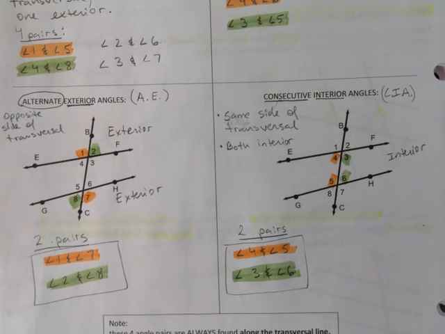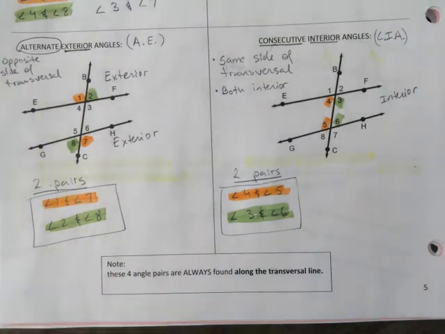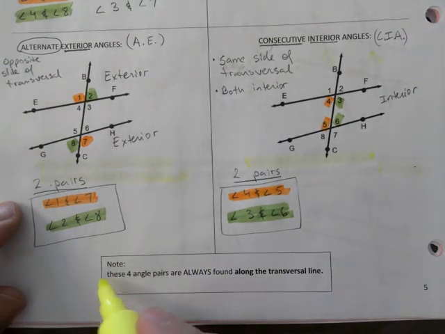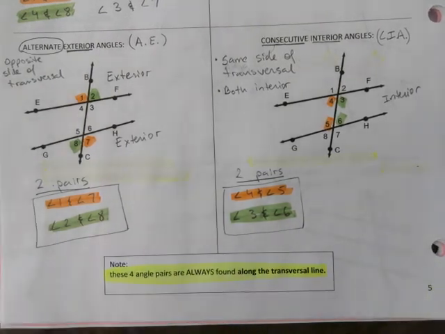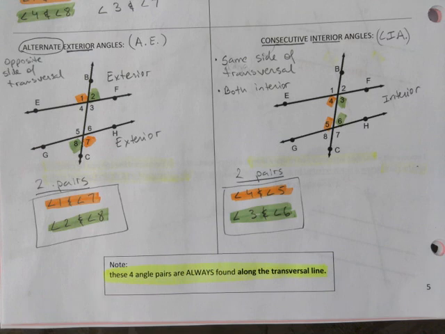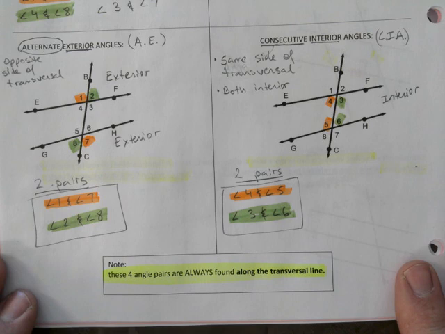And look at what it says at the bottom of this. These 4 angle pairs are always found along the transversal. If you follow the transversal, you will always find these 4 types of angles along the transversal.